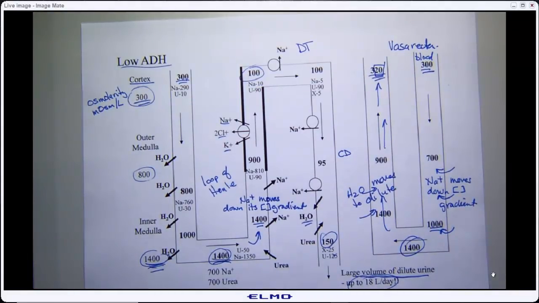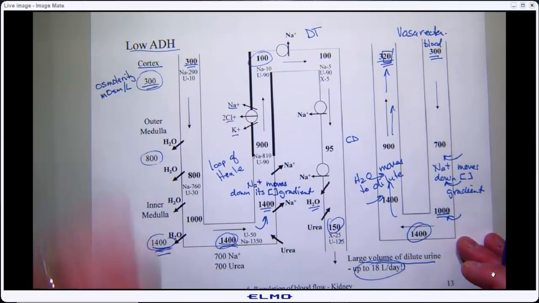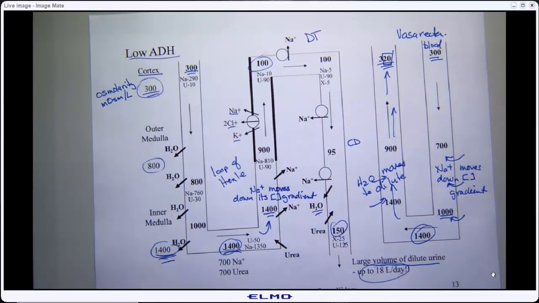Okay, well, we have to drive the water to move. Partly we're going to drive that water to move by the existing concentration gradient in the medullary space, and then we're going to be able to change that concentration in the medullary space. Okay, so we're going to look at that today.